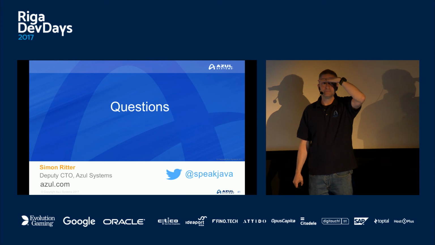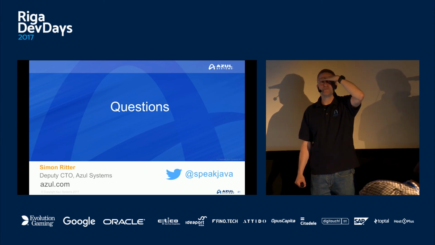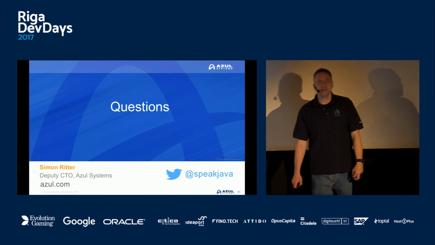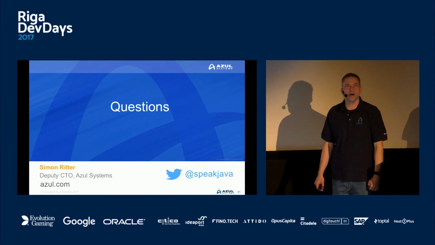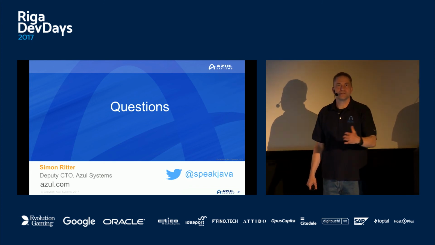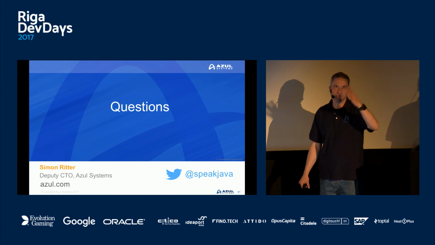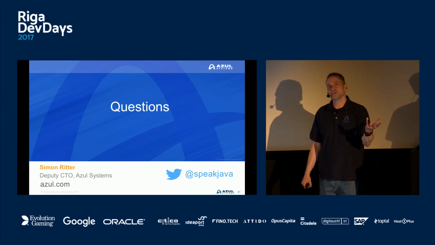Hello, I have two questions. First of all, what is the reasoning behind removing the version parameter from Java, and is there any replacement for it? Sorry, the question was removing the version parameter from? Yes. As far as I know, it never really worked that well. It was the idea of trying to use an older version on a newer version, because the version number is picked up from the class file anyway.